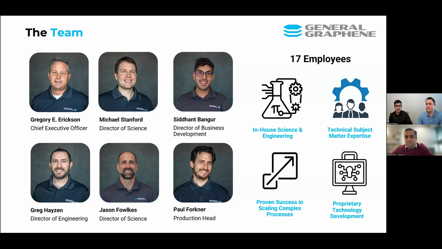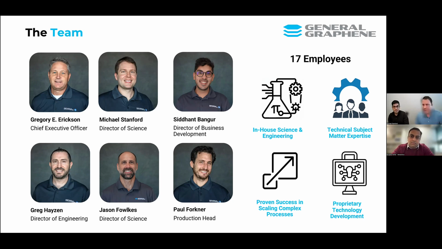We have technical subject matter expertise on making graphene, but also in applying it for specific applications. Our team has really been competent in developing proprietary technology and has a proven track record in scaling up complex processes. So with that, I will now hand it off to Michael, who will touch on the technology side of our advancements at GG.